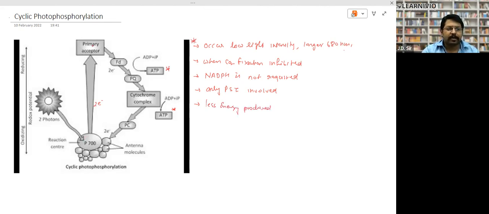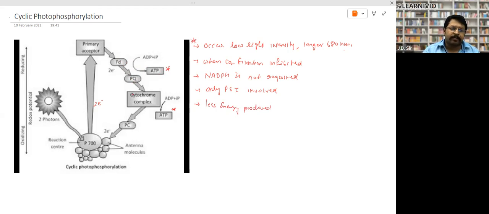From P700 the electron starts its journey. It reaches the primary electron acceptor, then ferredoxin. From ferredoxin it must go to NADP plus, but NADP plus is not present. Then from ferredoxin it will come back to plastoquinone, and formation of ATP takes place.